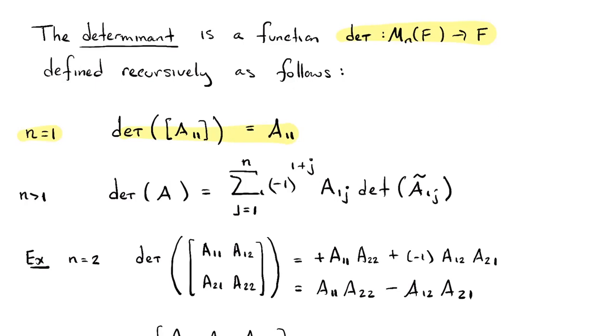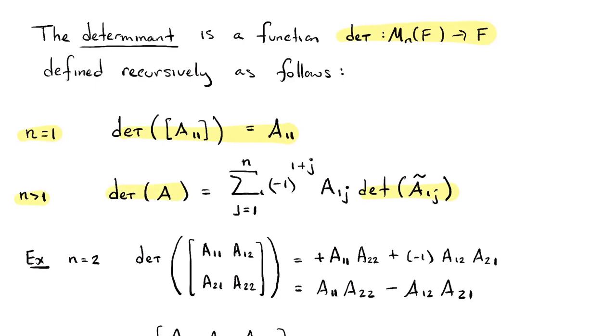So if you take a matrix that has more than one row and one column, then here's how I'm going to define its determinant. I'm going to take along the first row, so I'm fixing i equal to 1, and I'm going to delete the jth column, 1j at a time, and take the determinant of that A tilde matrix.